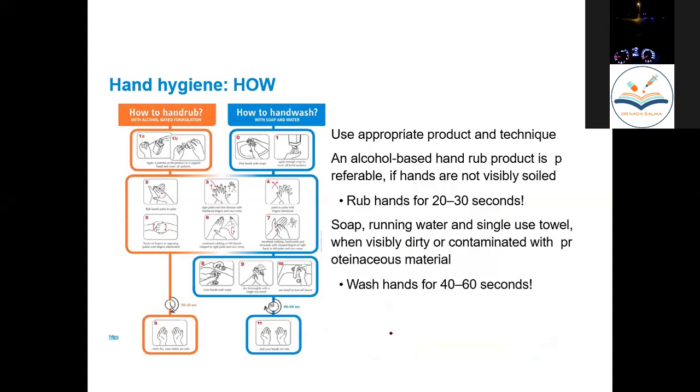So how to do hand hygiene? We have 2 procedures to do perfect hand hygiene: hand rubbing and hand washing. Hand rubbing usually means using alcohol-based antiseptics or disinfectants, either gel or solution, whatever.